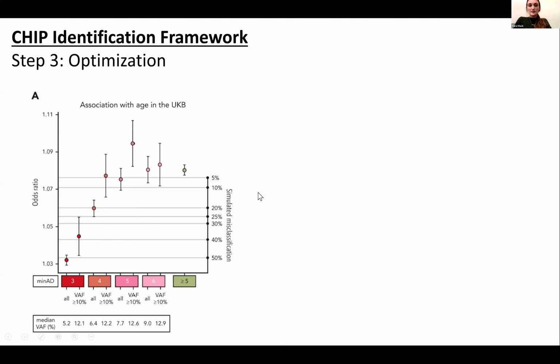And in fact, when we did some simulated misclassification experiments, we also saw that when we just used a minimum allele depth of 3, about 50% of those calls were estimated to be not real CHIP calls. And so it's really important that as we do these associations, we realize that this cutoff of 5 actually seemed to be a better cutoff for identifying real CHIP.